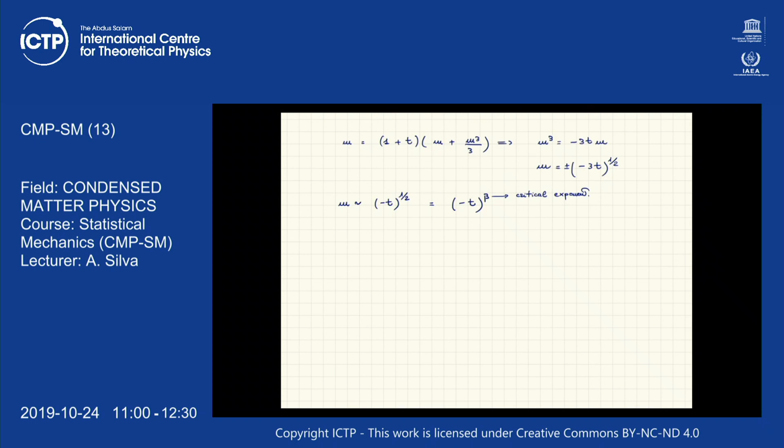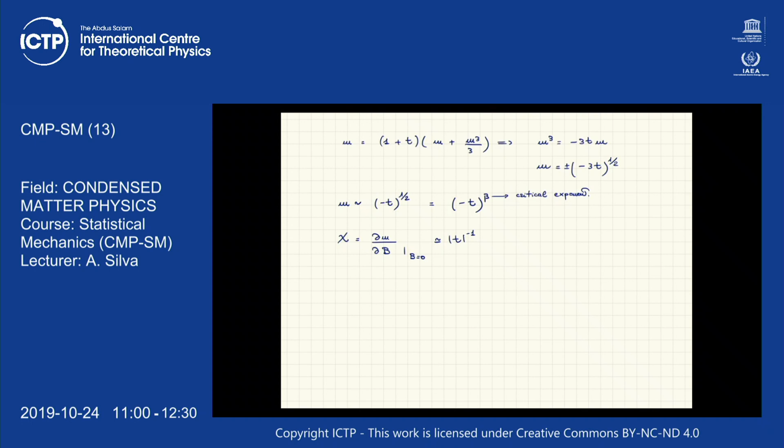Now, if you would compute, for example, the susceptibility, which is how much the magnetization varies with a magnetic field, this is something that you can do by putting back the magnetic field and solving self-consistency equations. But if you compute this susceptibility at B equals 0, you will find that this goes like the absolute value of t to the minus 1.